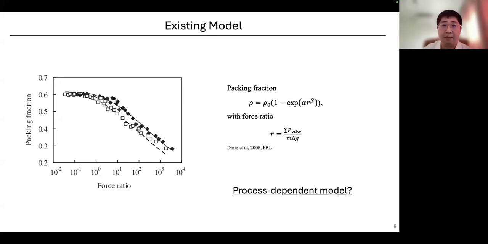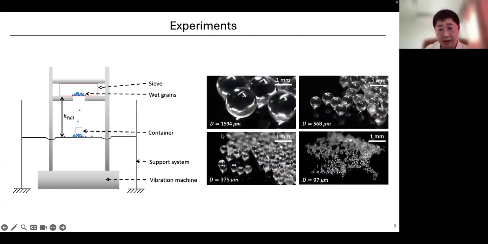And in some experiments, they just used a funnel to pour the particles into the beaker or the container. So basically, how you pack those particles should have an effect on the resulting packing fraction. So to investigate this procedure, we set up an experimental packing procedure. And here's a schematic.